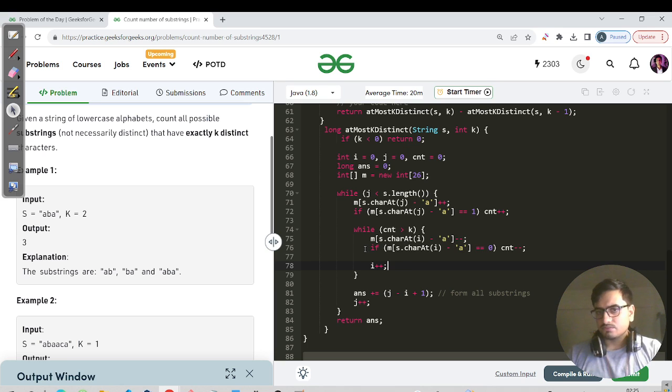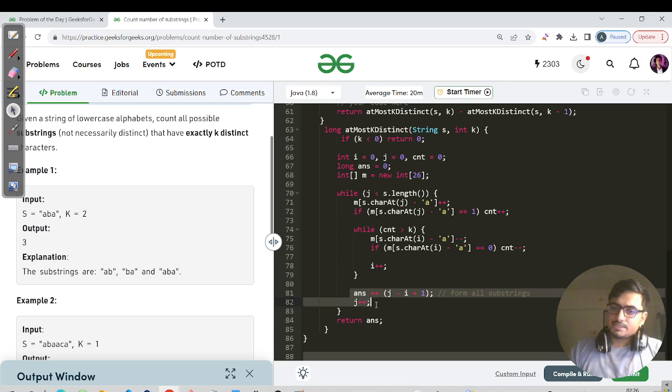Once it goes to 0, we have decreased all the instances of our character. Once that is done, the count of total distinct characters has decreased. So that is why we are doing count minus minus, and until this is achieved, we are always incrementing the starting pointer of our window, right?